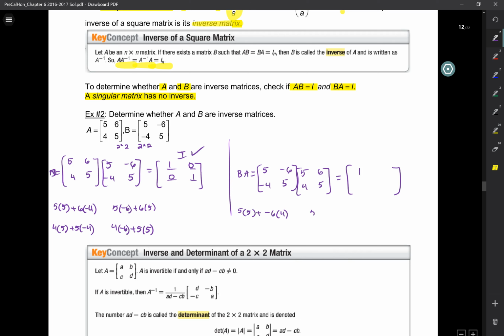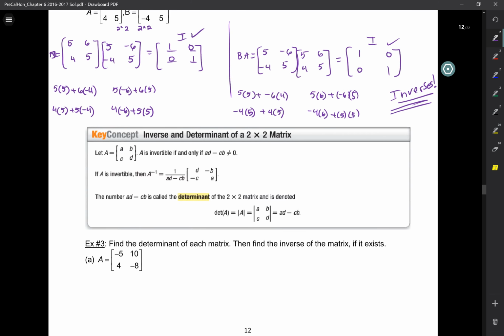First row, second column, 5 times 6 plus negative 6 times 5, that gives me a 0. Then on the bottom, I get negative 4 times 5 plus 5 times 4, that gives me a 0. Lastly, negative 4 times 6 plus 5 times 5, I get a 1. Oh my gosh, I got an identity matrix here. I get an identity matrix there. These two are inverses. Okay?